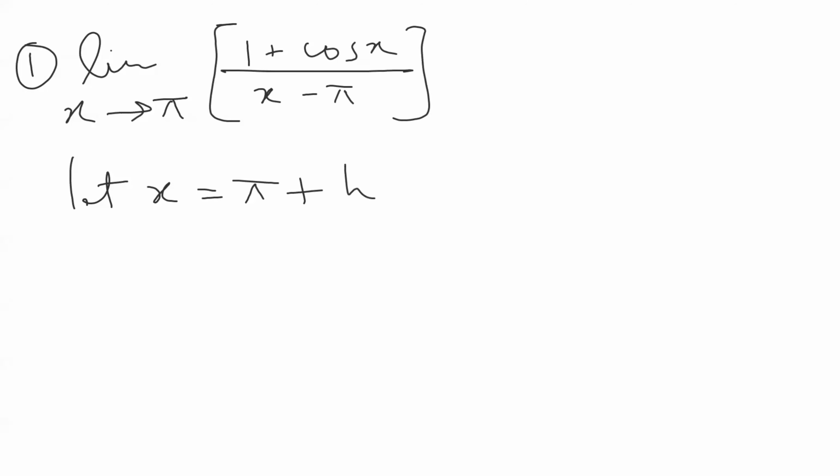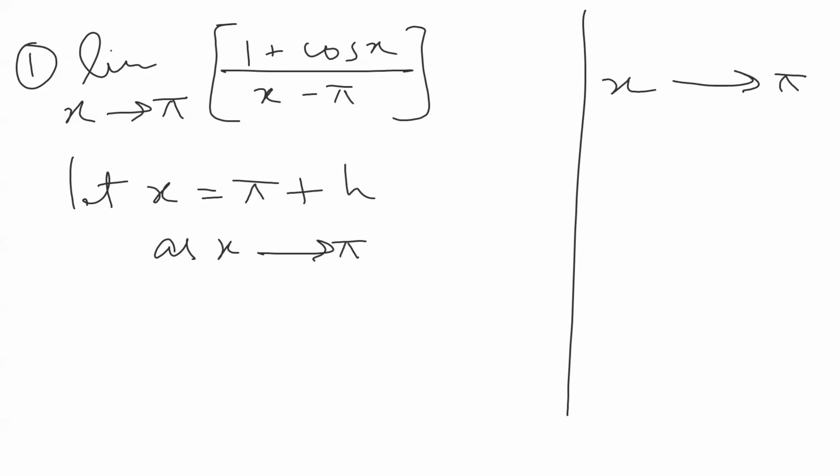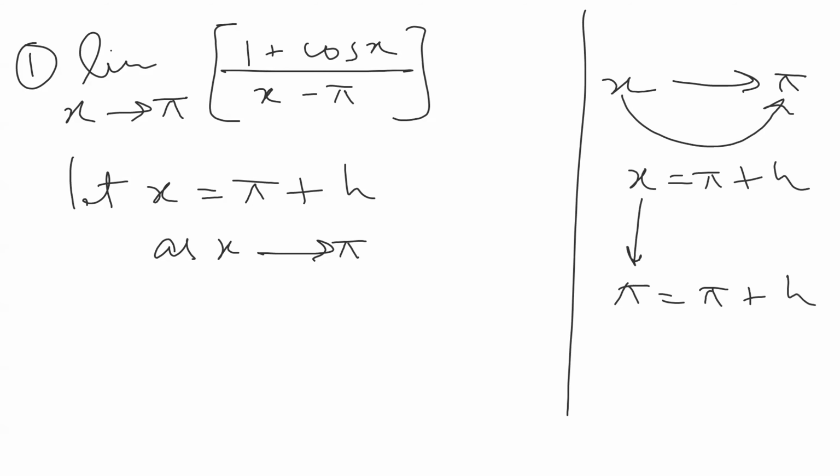Now as x approaches pi, and x is pi plus h, as x is approaching pi or very near to pi, pi and pi will get cancelled, h will approach 0. So this thing you need to remember. Fine. So this is how it works.